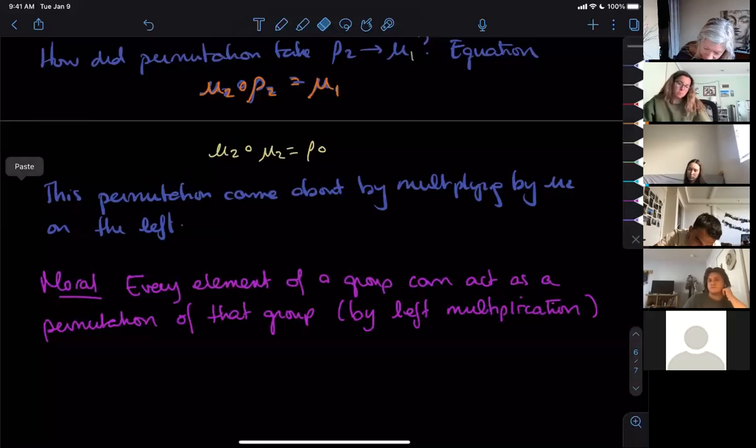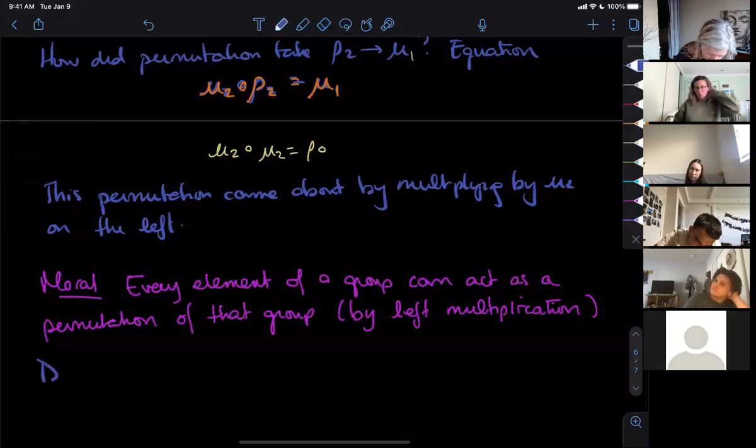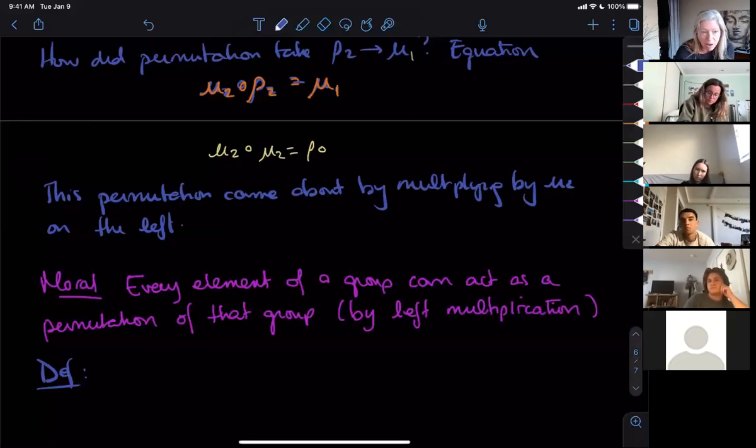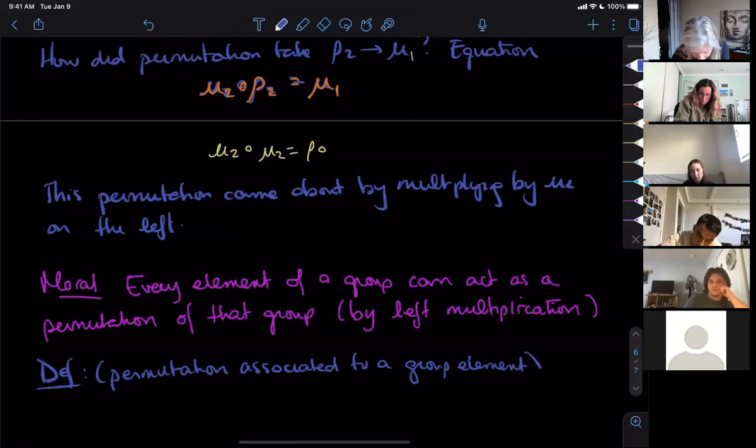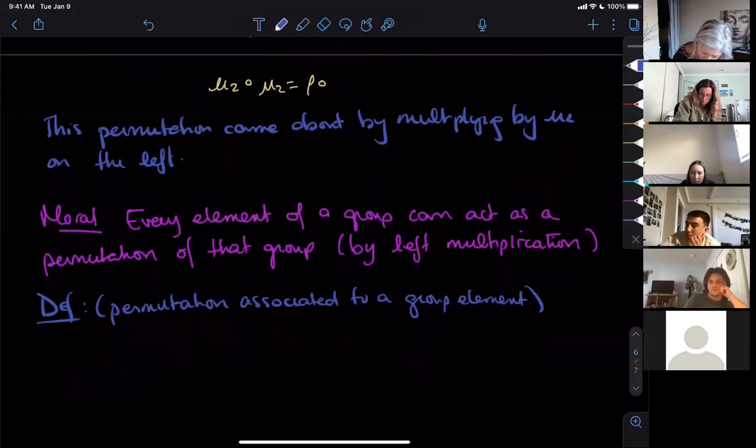Okay, so let me just give you a definition so that we can build to it slowly. We're sort of defining what we went through in detail above. I'm just giving a formal definition for the permutation associated to a group element. Here's how we do it.